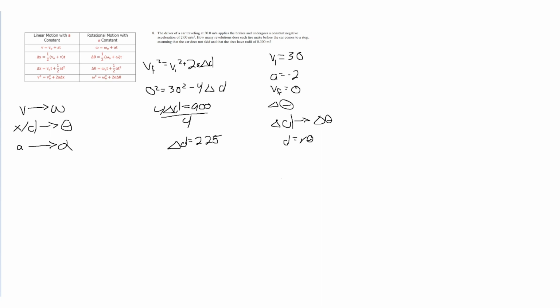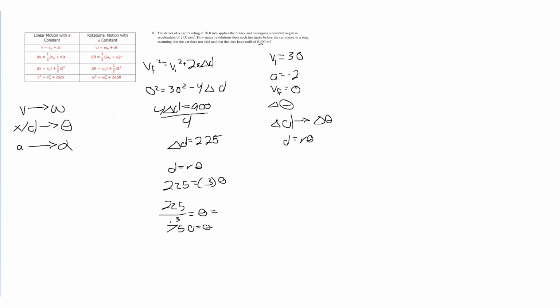So how are we going to change from delta d to theta? Well, we know that d equals r theta. So 225 equals 0.3 times theta, so 225 over 0.3 equals theta, which is going to equal 750. So that's delta theta, but that's not what we're asked.